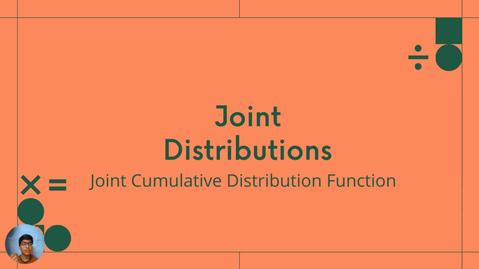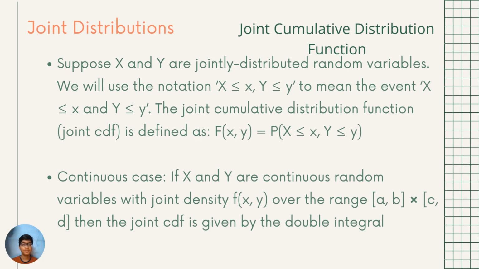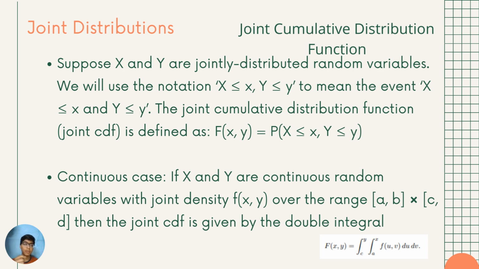So, the joint cumulative distribution function. Suppose capital X and capital Y are jointly distributed random variables. We will use the notation capital X less than or equal to little x, capital Y less than or equal to little y to mean the event capital X is less than or equal to x and capital Y is less than or equal to y. The joint cumulative distribution function, joint CDF, is defined as capital F of x comma y equal to P of capital X less than or equal to x and capital Y less than or equal to y.